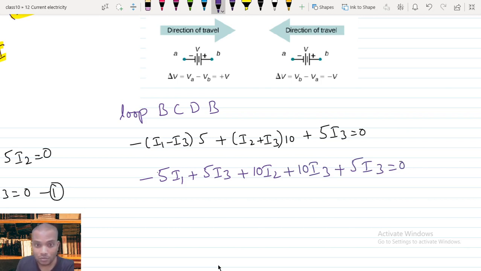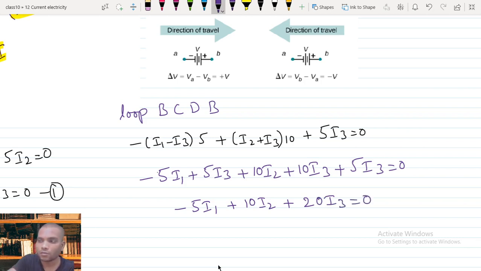Now add the like terms. So here I1 term is single, that is minus 5I1, and I2 terms also single, here it is plus 10I2, but I3 terms all sum up, you can get 20I3 which equal to 0.